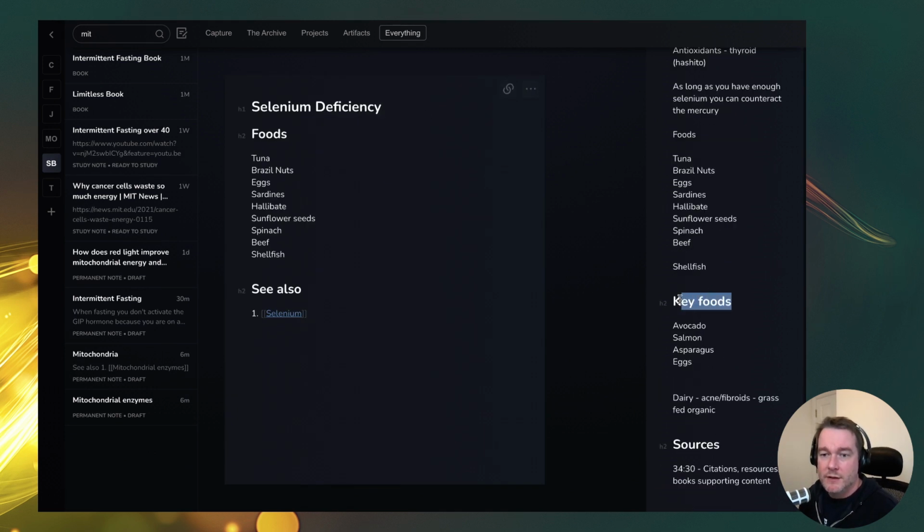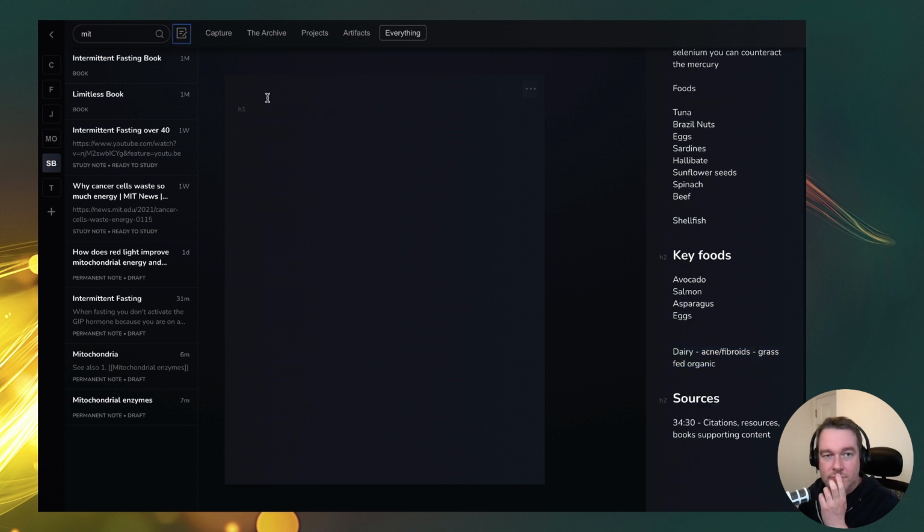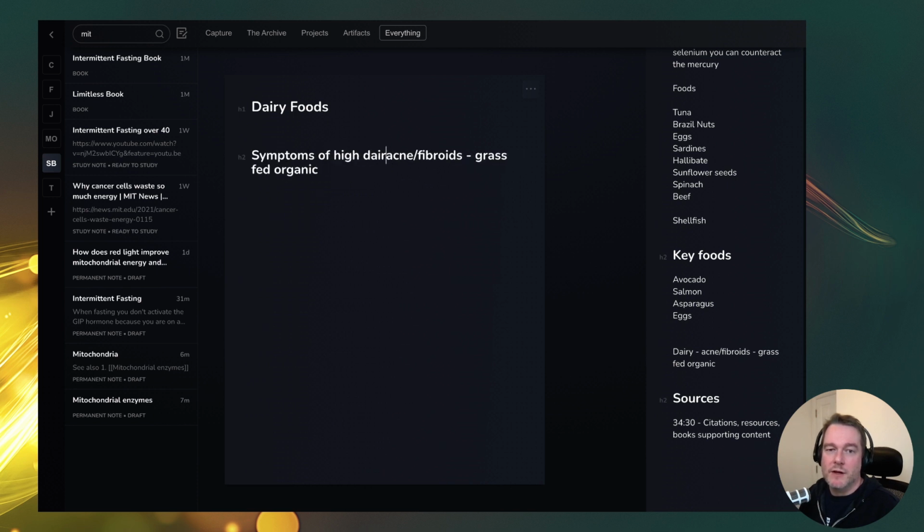And key foods. I can't quite remember where they were in. Dairy foods. Let's create that. I just want to capture symptoms of high dairy.